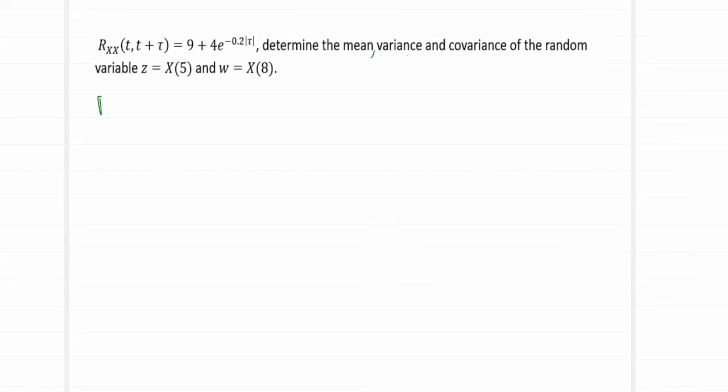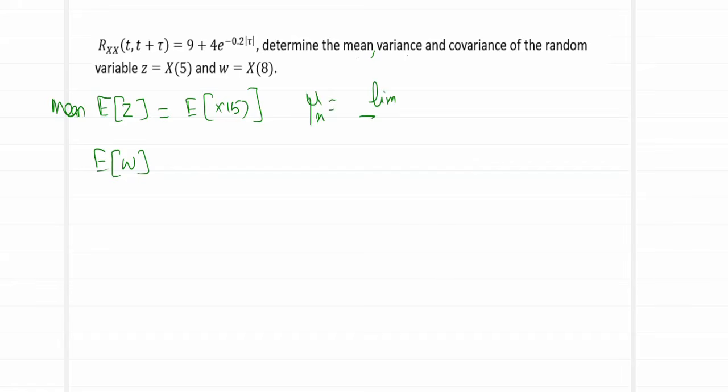Okay, so we will have to find E of Z and E of W, when I want the mean of the random variable Z and the mean of the random variable W. So what will be E of Z? E of Z will be E of x of 5. So what will be E of x of 5? Mean mu x is given by limit tau tending to infinity of Rx of tau, whole square root. So this is my mean.